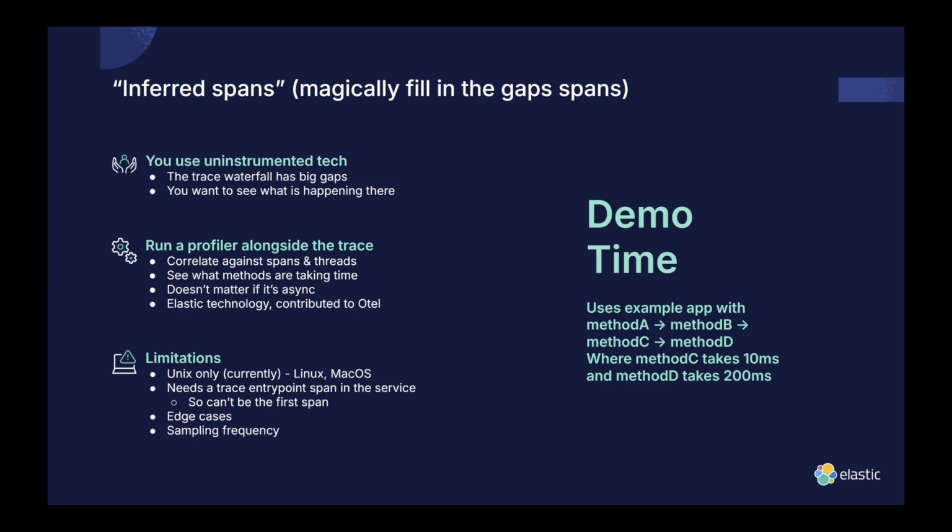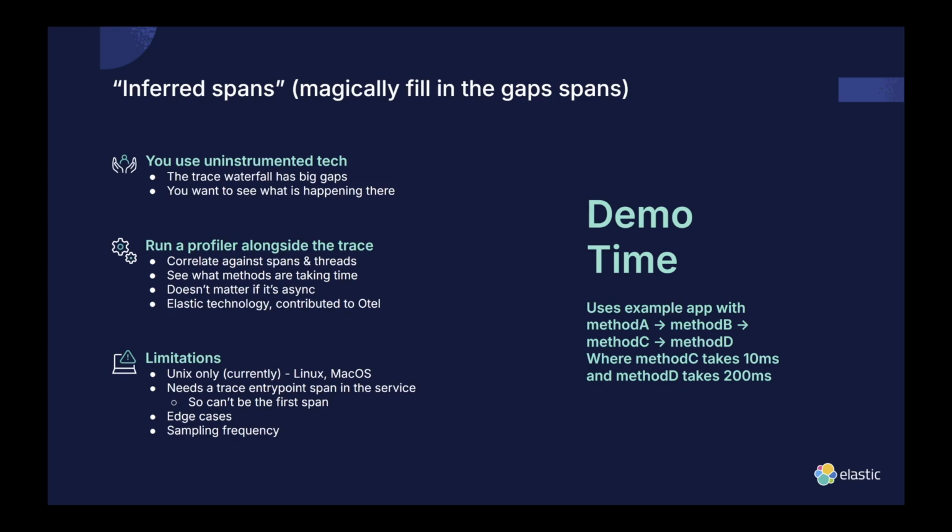But for other technologies that aren't being instrumented, if you're running with inferred spans, it runs a profiler alongside, and it looks at certain threads, the threads that your spans are working with, and it sees what they're doing. Then it says, okay, this method here has been running for a while, but it's not instrumented, so let's just create a span for it. So it's a brilliant combination of profiling and tracing.